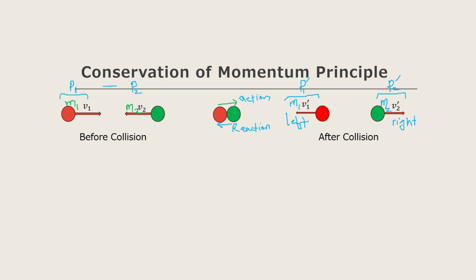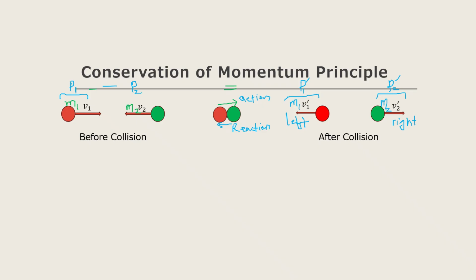Now, the conservation of momentum says the total momentum before collision must be equal to the total momentum after the collision. So, before collision, the momentum of the first ball is p1 and the second ball is p2.